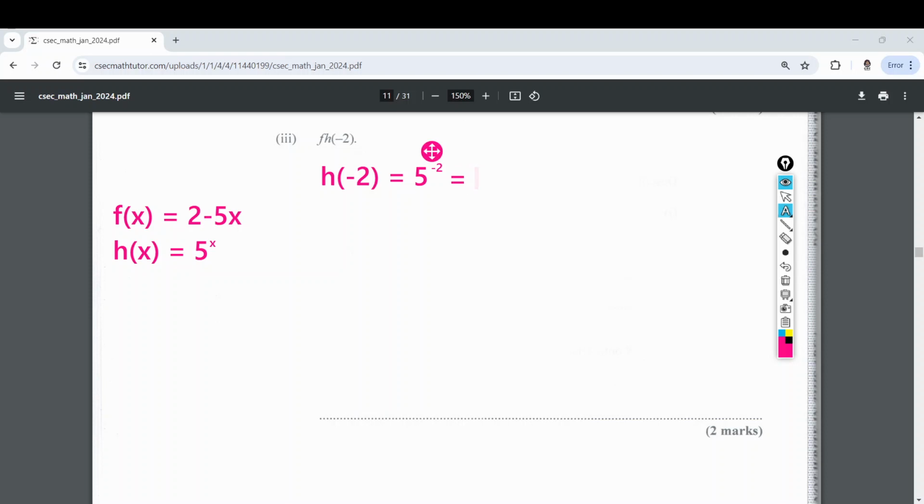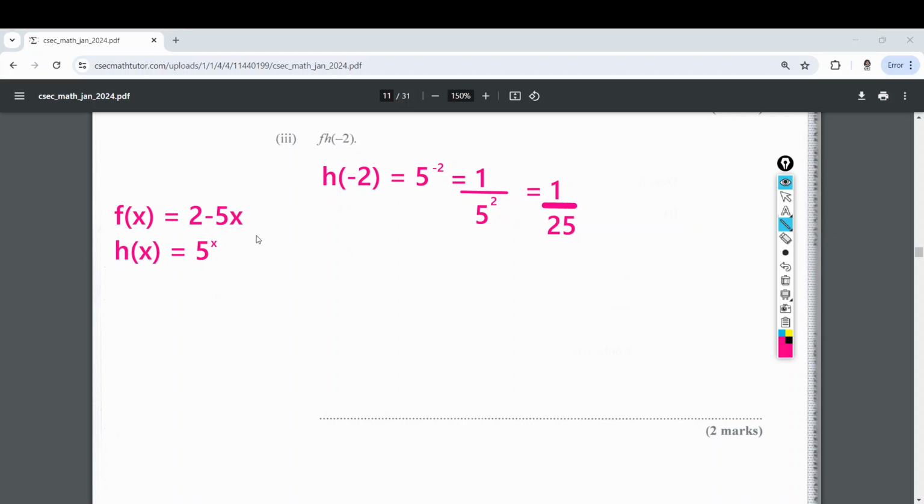It's the same thing as 1 over 5 squared. Put that right here. Alright, so 1 over 5 squared, and this should be equal to 1 over 25. Okay, so that's what we'll get when we put minus 2 in there.